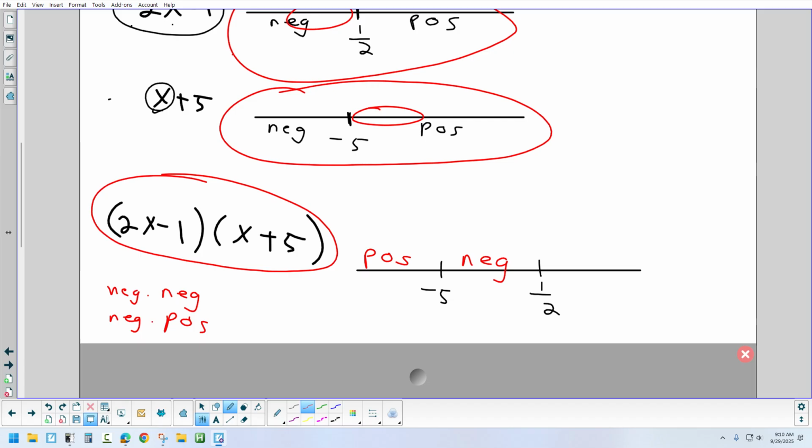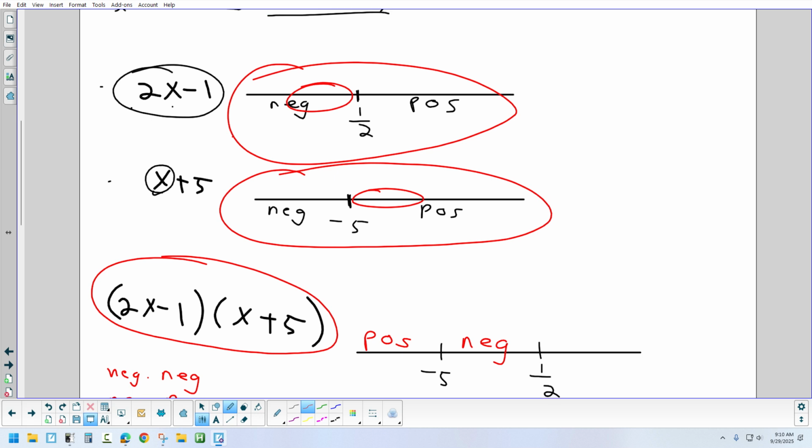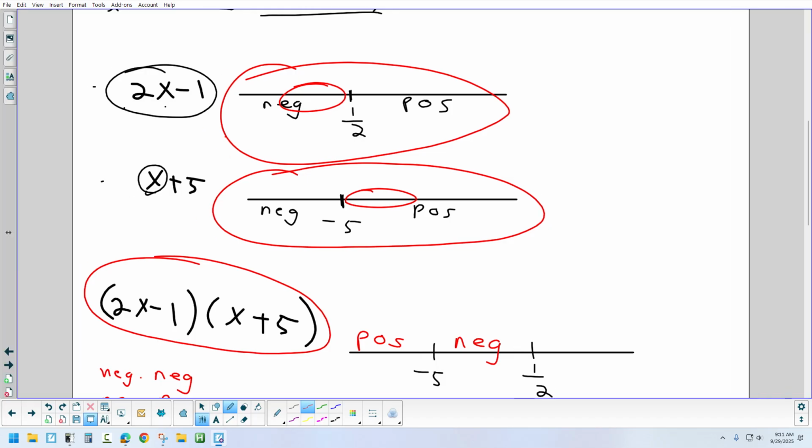So now let's look at greater than 1/2. Okay, top number line. If we plug in a number greater than 1/2, what section are we in? Lens? Positive. So let's write that down. Positive. What if we plug in numbers greater than 1/2 in the bottom number line?